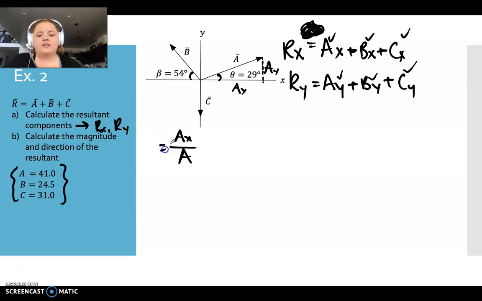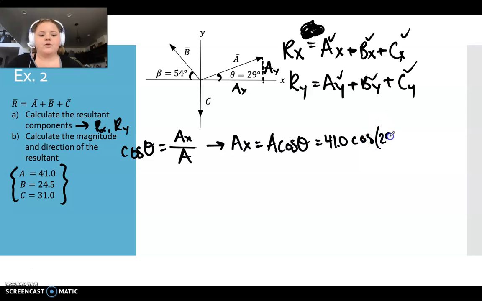Adjacent over hypotenuse is going to be cosine theta, and then we can solve for AX as A cosine theta. So AX then is 41.0 times cosine of 29 degrees.